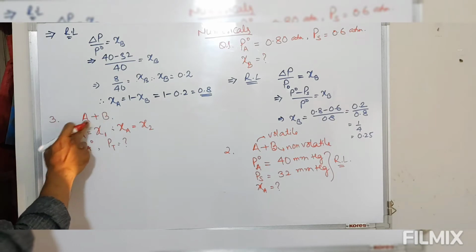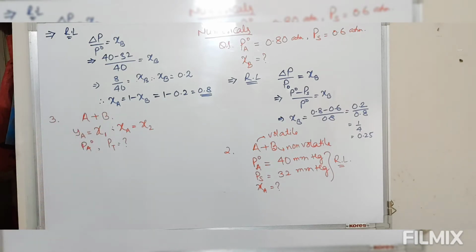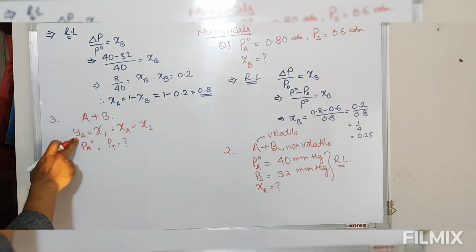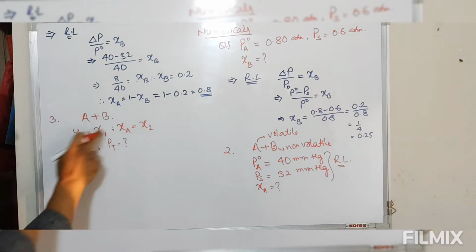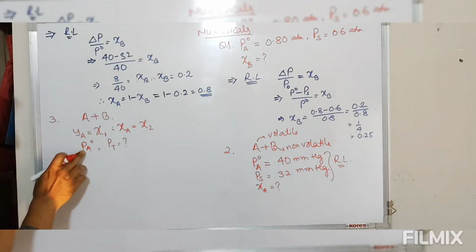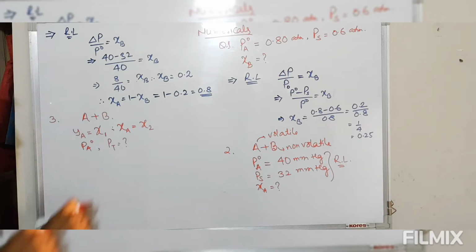So look at this, we have a solution of A plus B. Mole fraction of A in liquid and vapor are given. Vapor pressure of pure A is PA naught. Then what is the total vapor pressure of the solution?